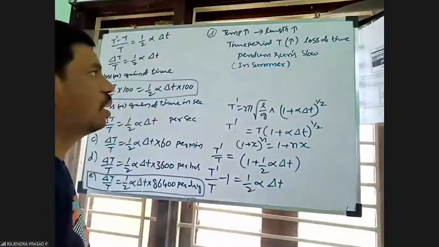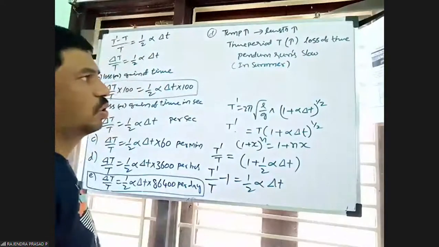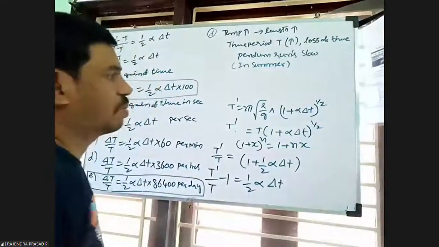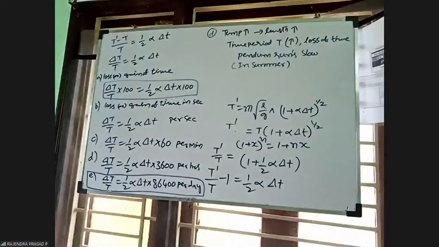In summer, temperature increases, length also increases, time period also increases. So loss of time, the pendulum runs slowly. The clock loses time.